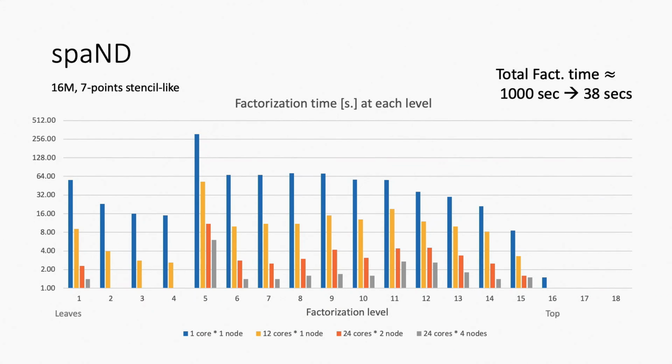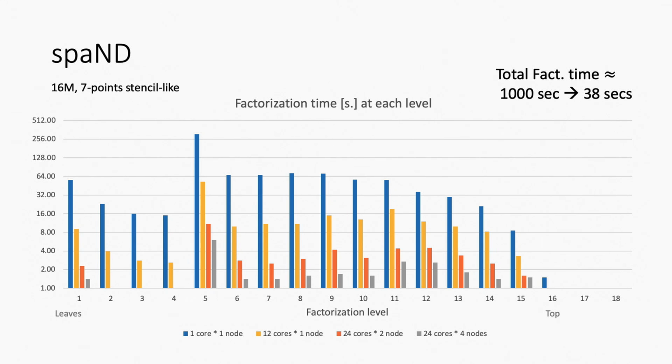And those are very, very preliminary strong scaling results. In blue, that's the sequential algorithm, one core, one thread, couldn't do more. And then in other colors, you get more cores and nodes. So in gray, it's 24 cores on 4 nodes, strong scaling.